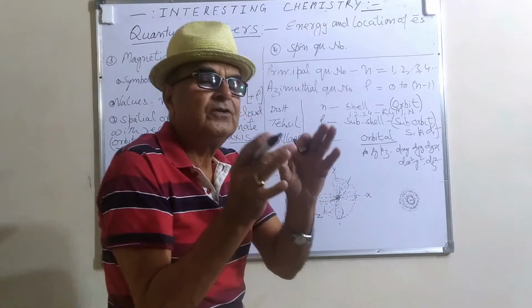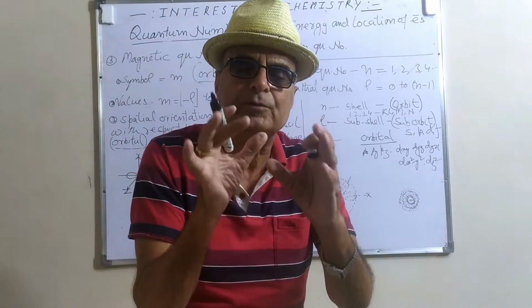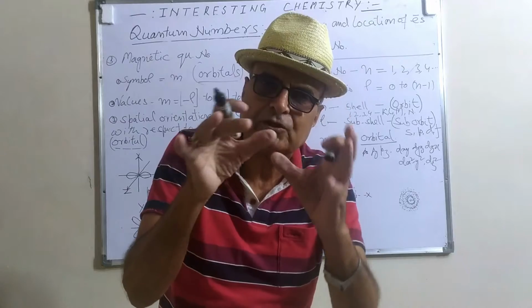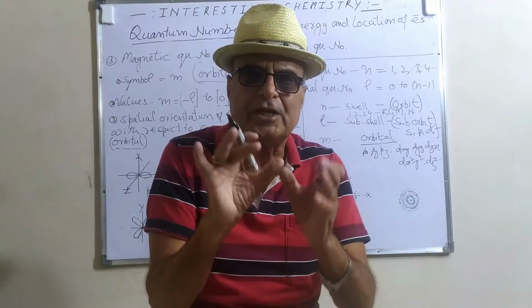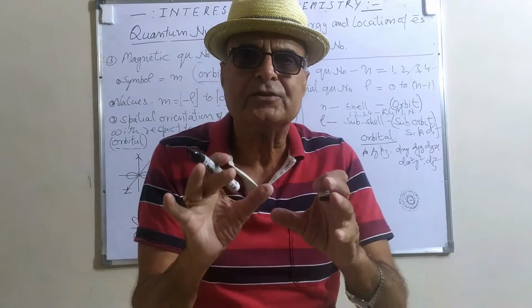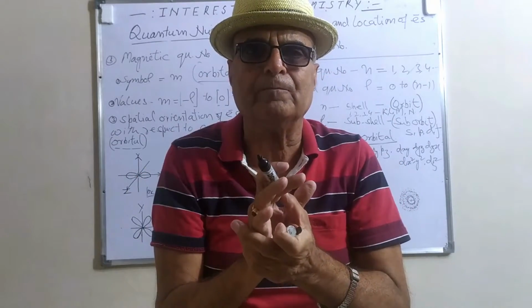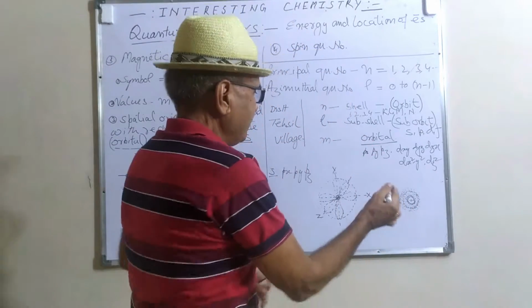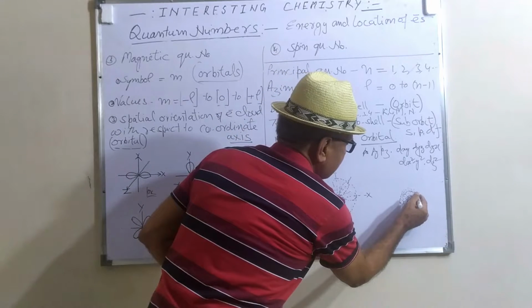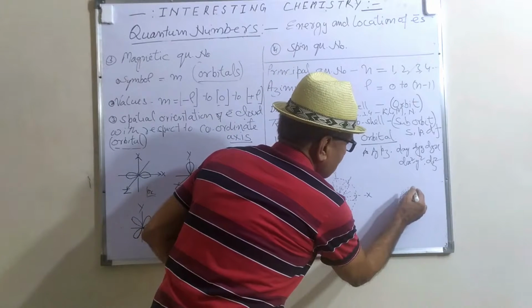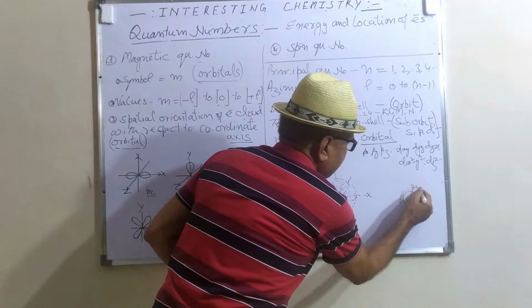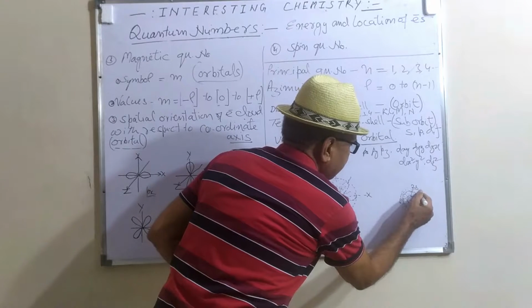S is in the round form, a circular form. The shape of S is circular or round. So this is 1S, and this one is 2S.